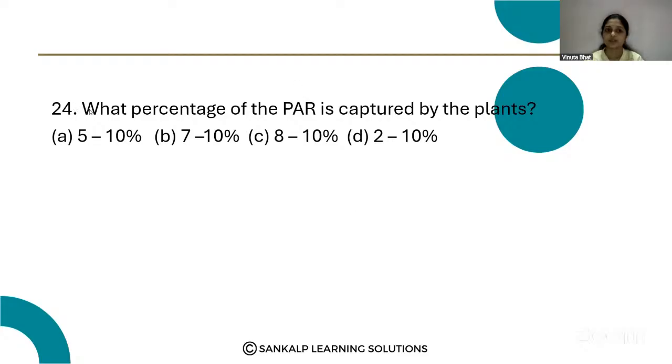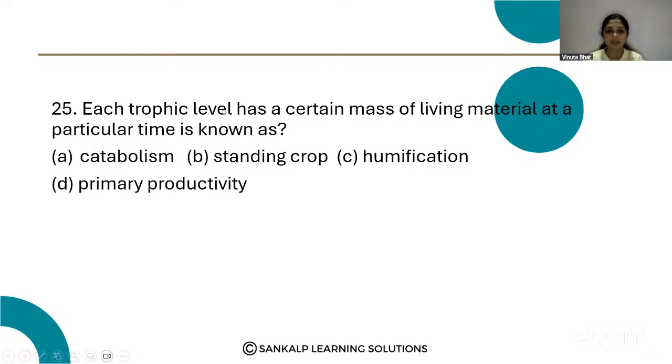Next question, 25th question. Each trophic level has a certain mass of living material at a particular time, known as: option A catabolism, option B standing crop, option C humification, option D primary productivity.